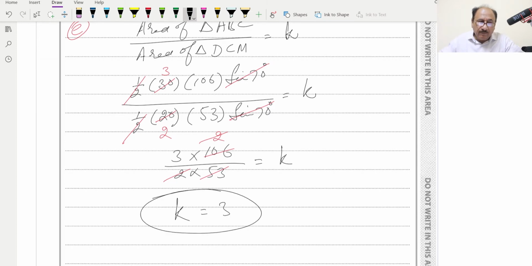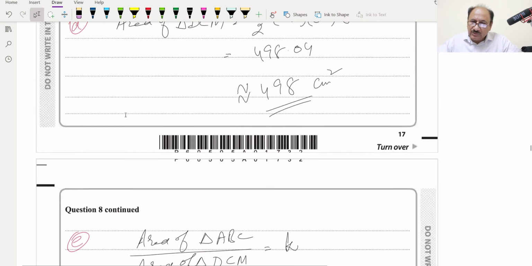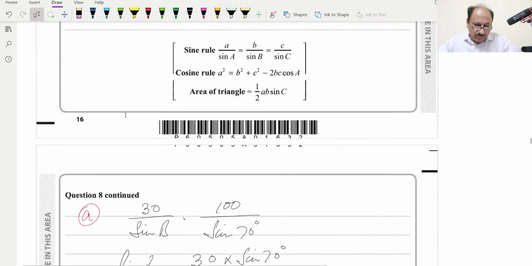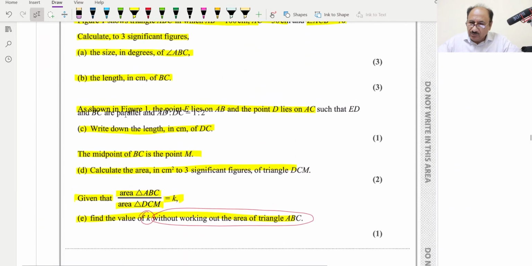This will be our final answer. Hopefully you understood this question as well. Now this was a little tricky question, and we are done with this one.